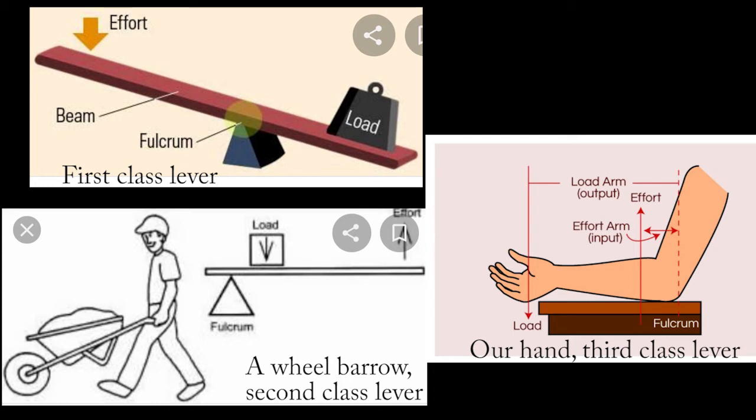Clear? Finally, number 3 is third class lever, where effort is situated in between fulcrum and resistance, like our hands, fishing rods, forceps, etc. See at page number 136 to observe various types of images of lever subtypes.